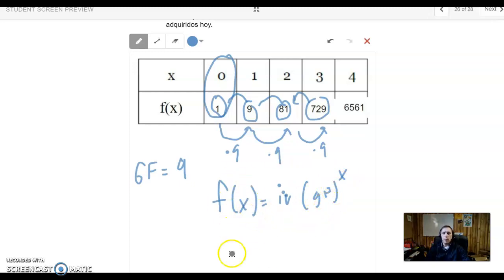And again, look for that formula. I'm not going to write out all those words. So f of x equals my initial value of 1 times the growth factor of 9, all to the x power. It has the variable in the exponent, thus an exponential function. Here we go. We're cooking with dynamite now.